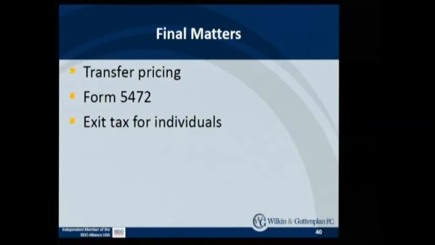The other question that comes up from time to time is, I've had an executive, he's here in the US, we've wound up the business, and now that executive is sick of being subject to US worldwide taxation, they want to give up their citizenship or green card. What happens? So the US has an exit tax.